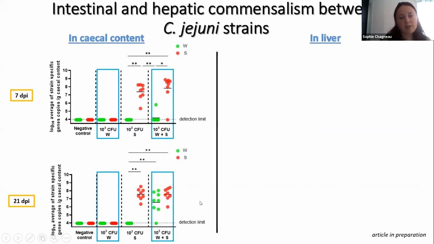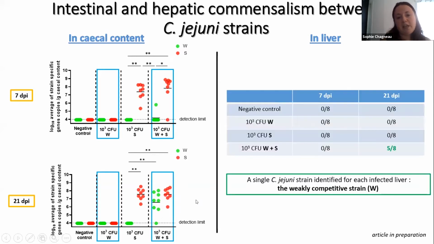And in ileal content, we observed the same result. Moreover, we observed an extraintestinal spread to the liver of the W strain only at 21 dpi in birds infected by both strains. With these results, it seems that W strain benefits from the S strain colonization for its good colonization and its extraintestinal spread to the liver.